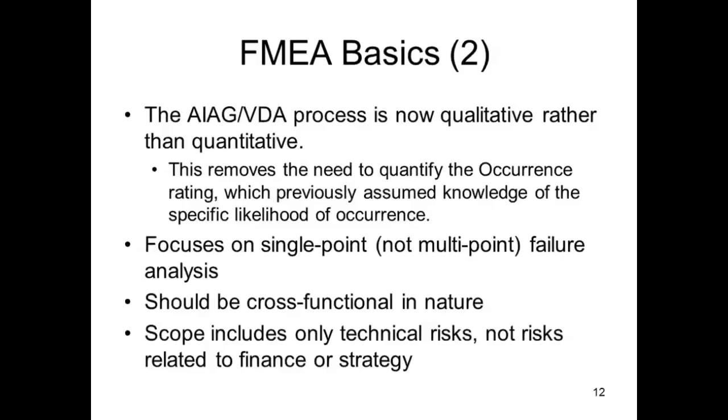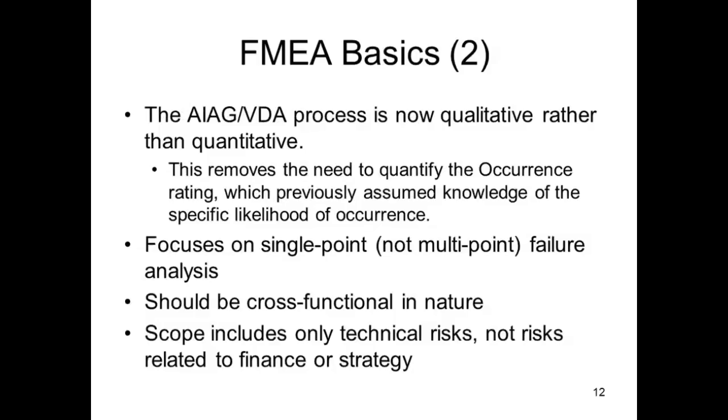Okay, the AIAG VDA process is now qualitative rather than quantitative. If you've been using previous versions of FMEA, you will hopefully like the changes. This is a major advance on previous versions. First of all, it's qualitative rather than quantitative.